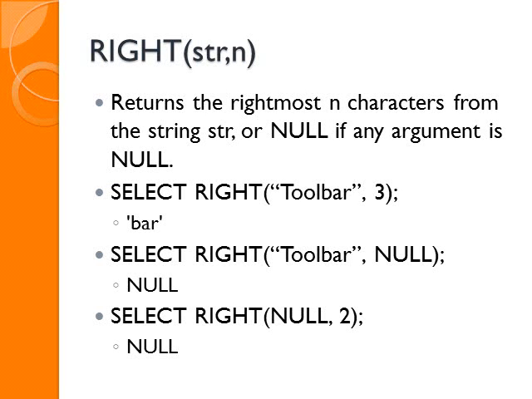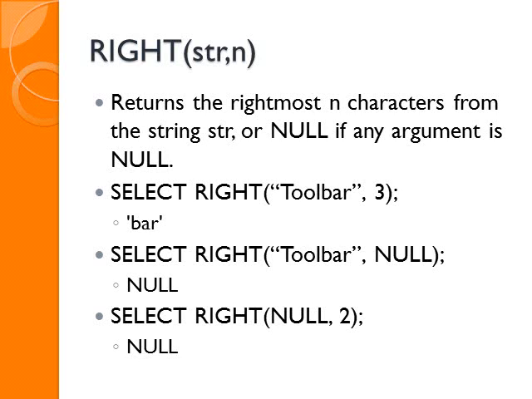The right function takes two arguments, that is string and n. N is the numeric value. Right returns the rightmost n number of characters from the string str, or null if any argument is null, which means if either the string is null, not given, not defined, or n is not defined, then it gives null as the output.